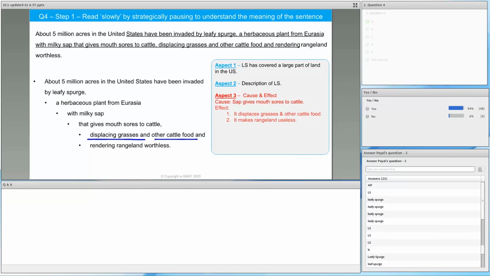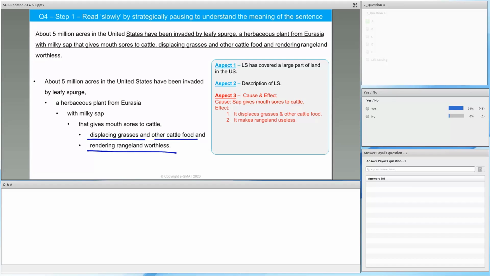Absolutely correct. One kind of vegetation displaces or takes the place of another vegetation, which is leafy spurge in this question. Now, think a little bit more and tell me how grazing grounds can become worthless.